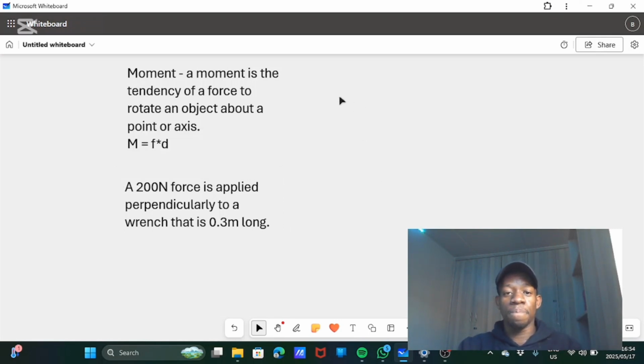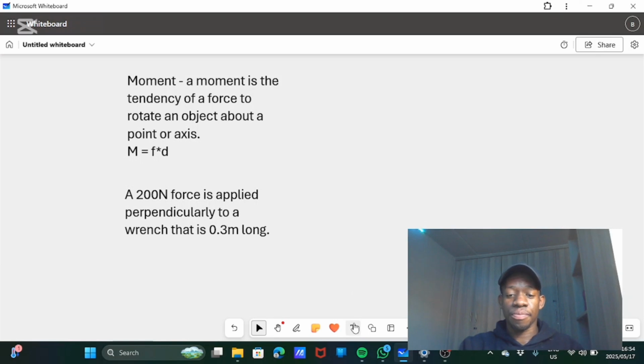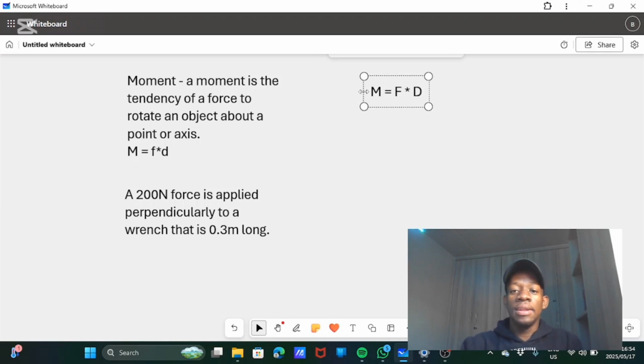This is our formula: M = F × D. We have the force, which is 200, times the distance we have been given, 0.3.